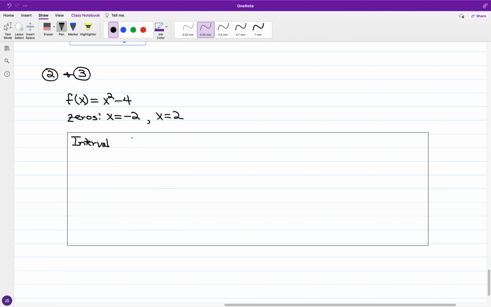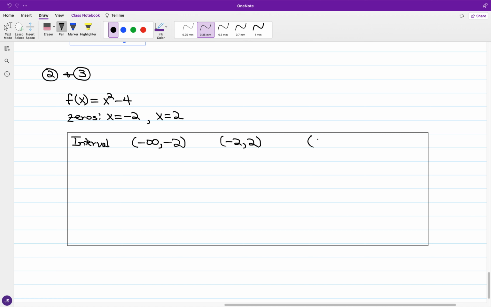So think of it kind of like if you had the domain be exclusive of negative and positive 2. So at the lower end we have those values of x less than negative 2. And then you have those values of x between, but not including, negative and positive 2.